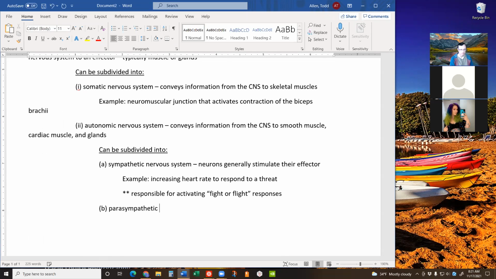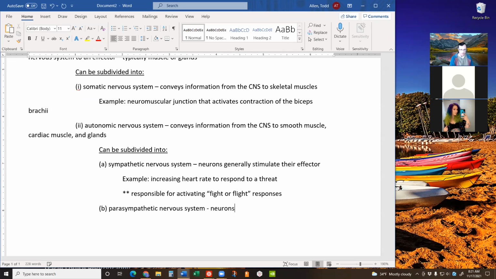The parasympathetic nervous system includes neurons that generally, when they communicate with their target effector, tend to cause the target effector to calm down and relax its activity.